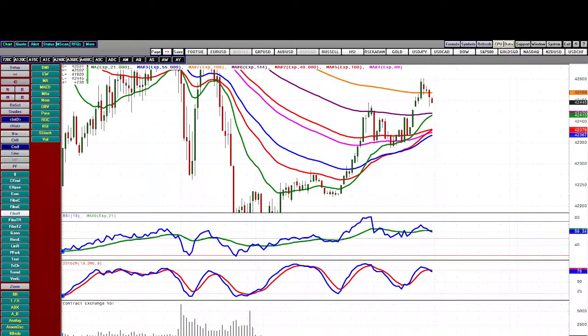Okay, so let's go back to this, because I think the other side. Okay. So now, are you able to see this chart?